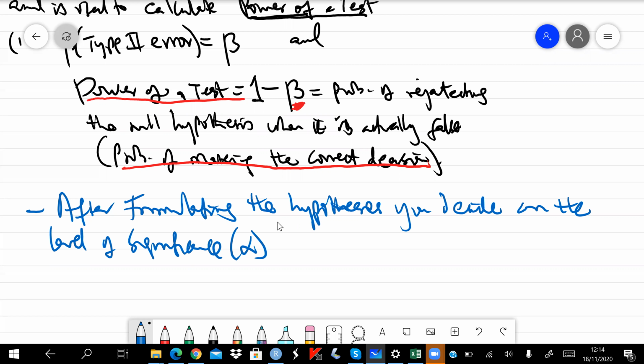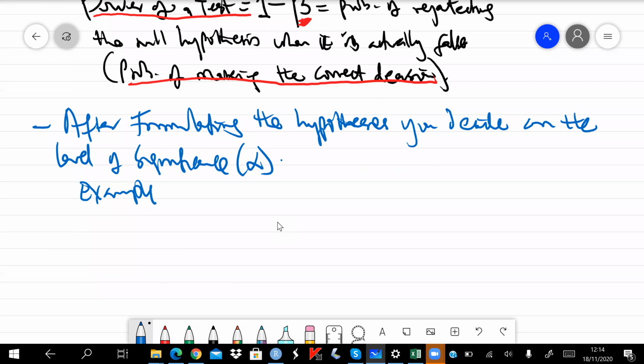That is alpha. And we have mentioned that you can use 5% or any other percent. For example, you can use alpha is 5%, alpha is 10%, or alpha is 1%. You can choose any of those or any other value that is given or you're required to use.